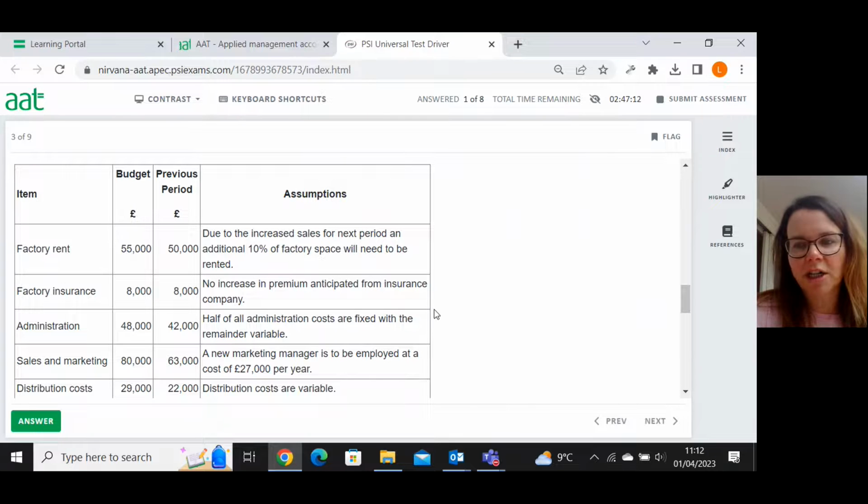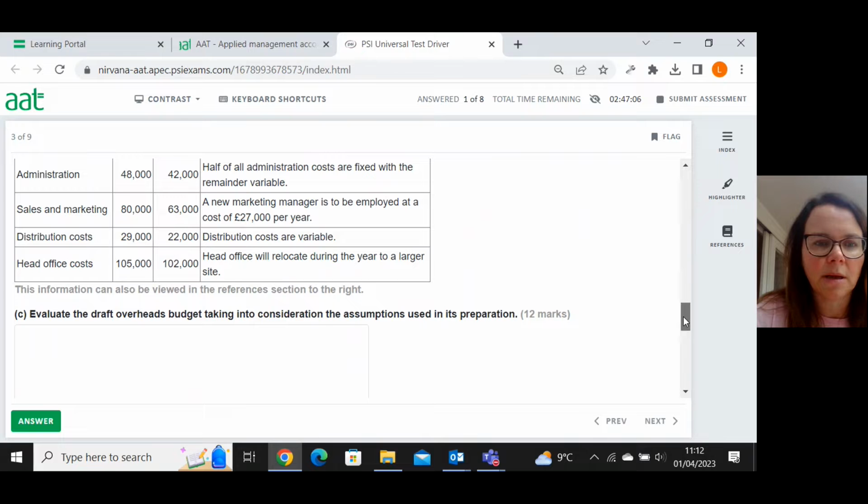And it gives quite a nice structure because you can just speak about each one as a paragraph. But remember, it's evaluate. So you've got to discuss what's good about the figure they've put in, what's perhaps not quite right about it, and don't be afraid to say where's the backing information here.